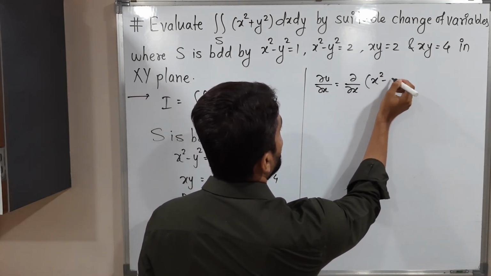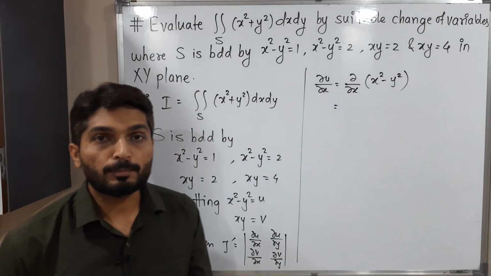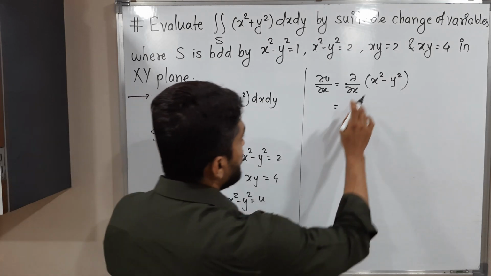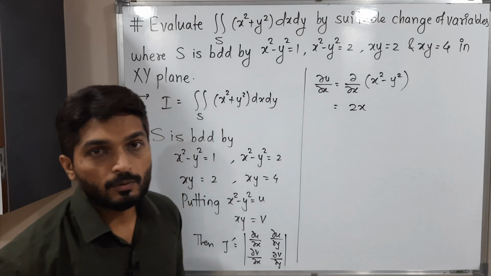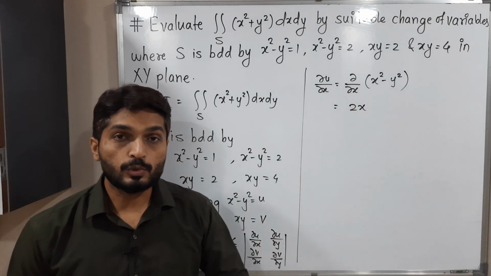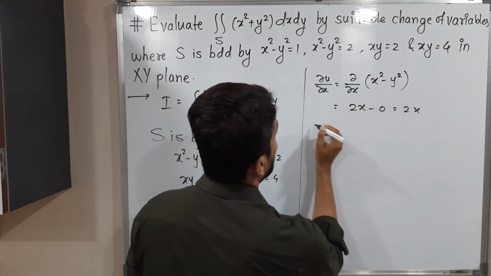So x square minus y square. You know that whenever we have a plus or minus sign, we take separate derivatives. So the derivative of x square is 2x, and for y square, y is constant here since we are finding the derivative with respect to x. So its derivative will be 0 and we will have 2x.